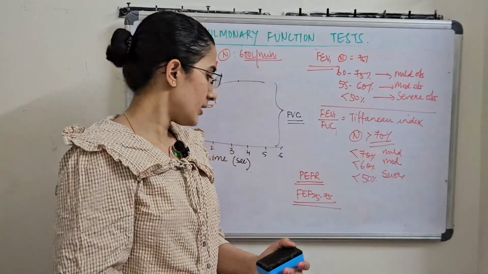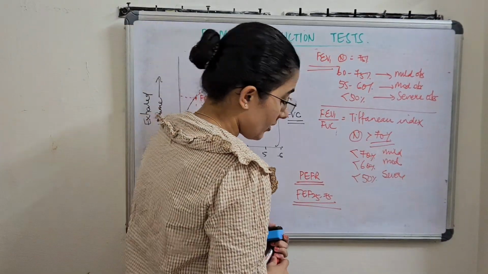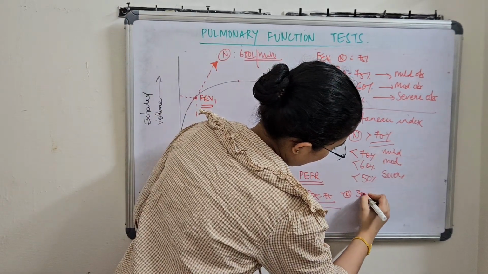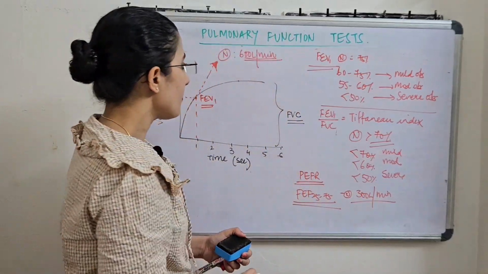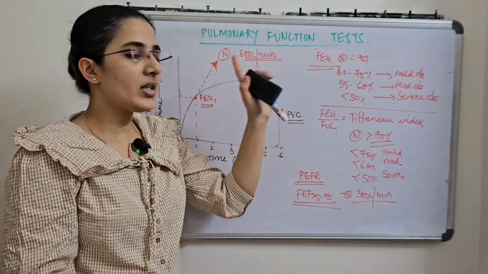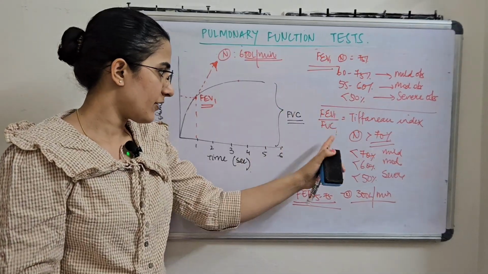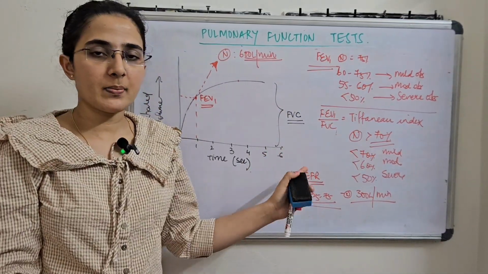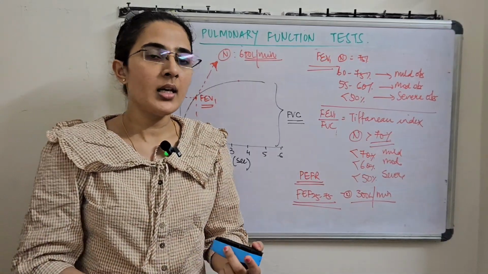This is another important thing which we have to remember, and the value normally will be about 300 liters per minute. So we discussed FEV1, FVC, FEV1 by FVC, FEF 25 to 75, and peak expiratory flow rate.